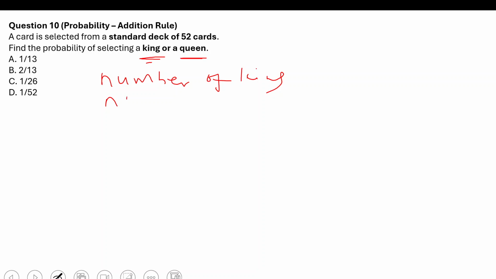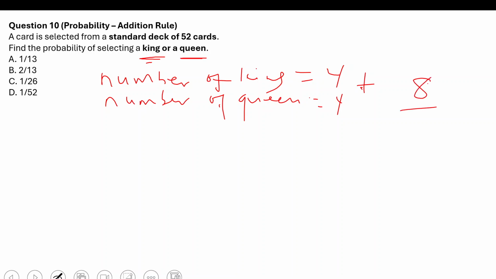Also know the number of queens in a deck. Okay, I think we have 4 here, and 4 here. So that's 8. And if this is 8, this 8 is the favorable outcome.